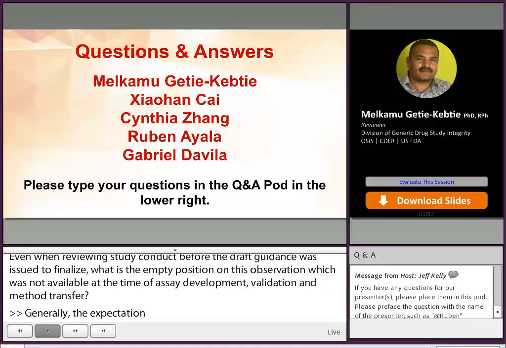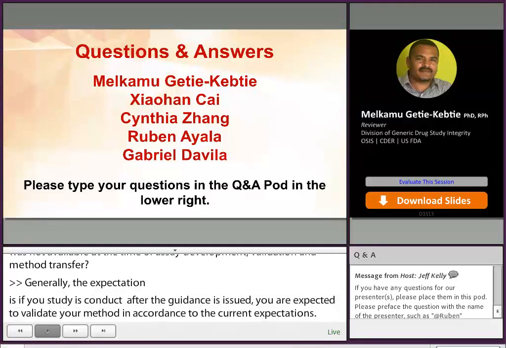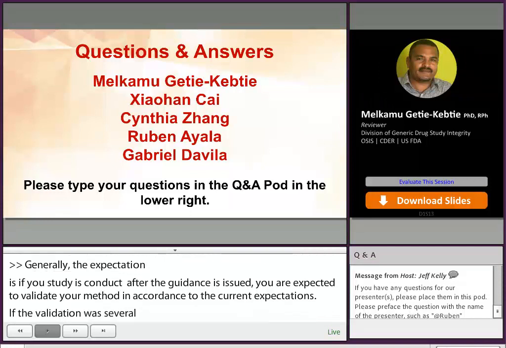If the validation was done several years back, then you have to make sure that the method is still applicable under the current expectations. So what we really look for is when your study is conducted, not necessarily when your validation was performed.